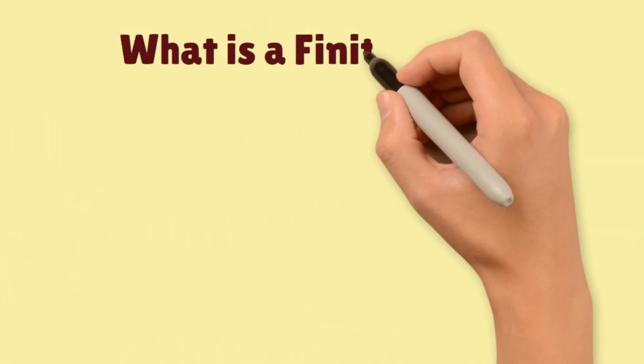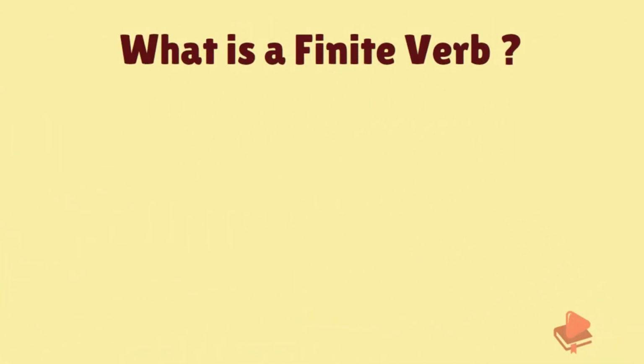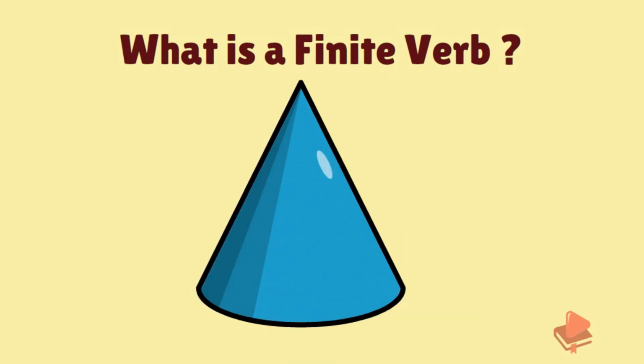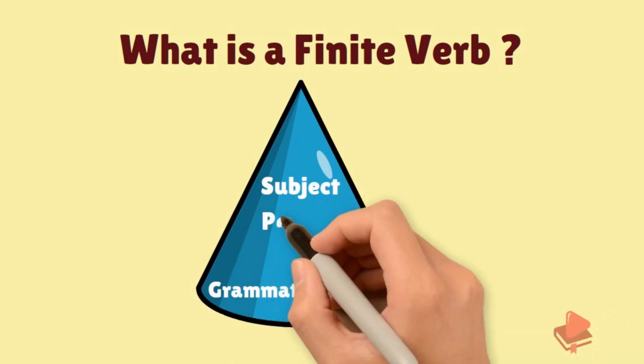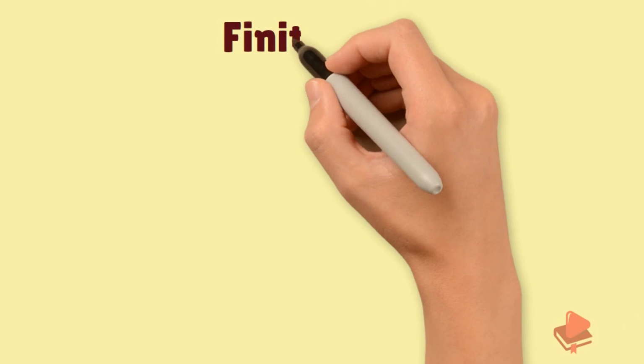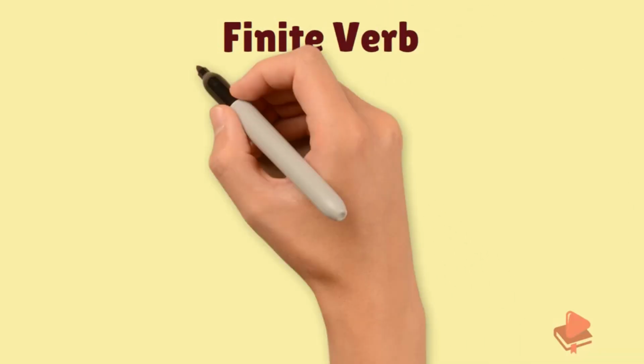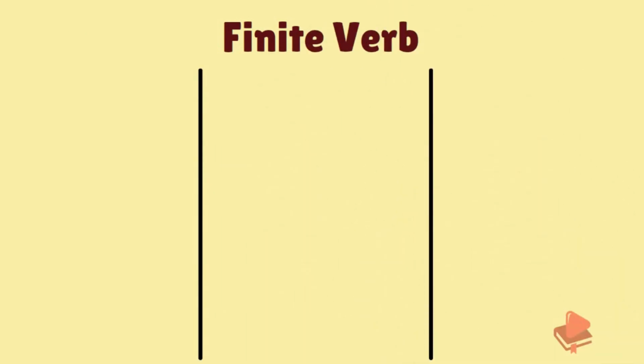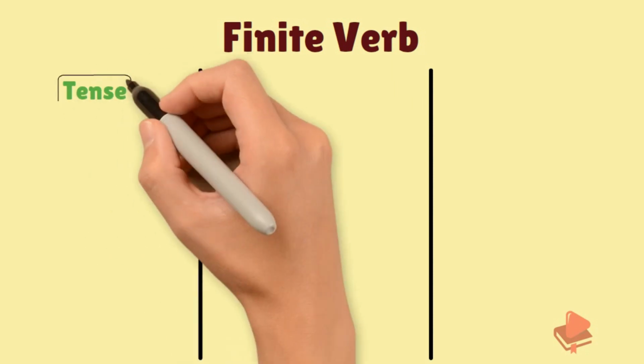So let's start with our grammar session. What is a finite verb? Finite verbs are verbs that have subjects and indicate grammatical tense, person and number. In other words, it limits or works according to three criteria. The first criteria is tense.